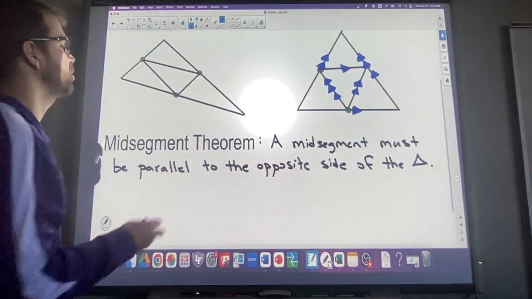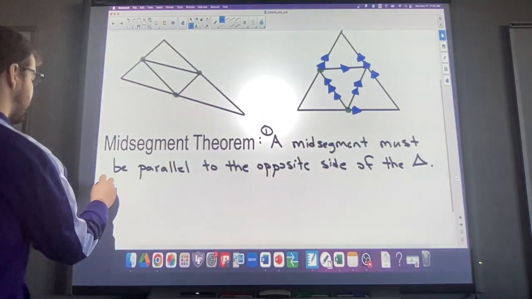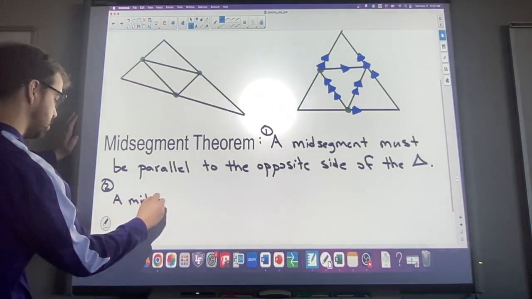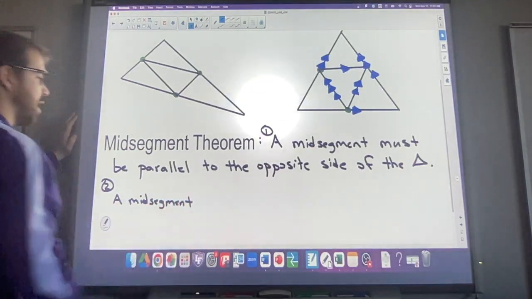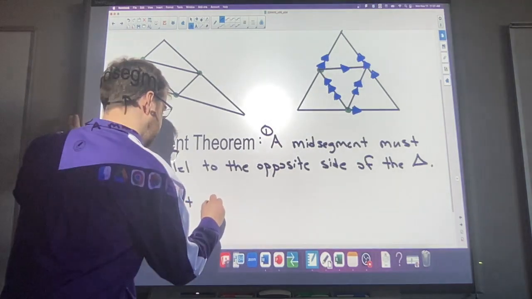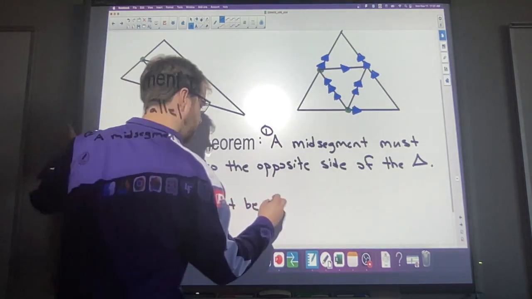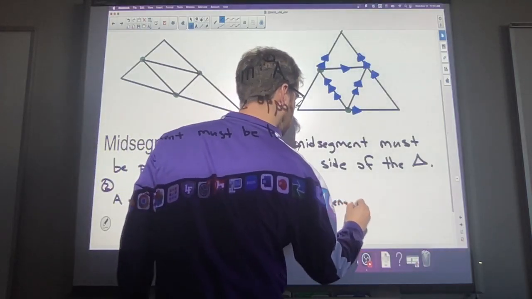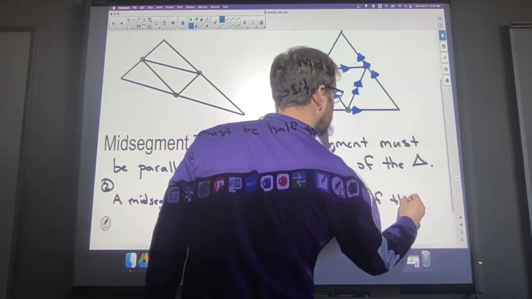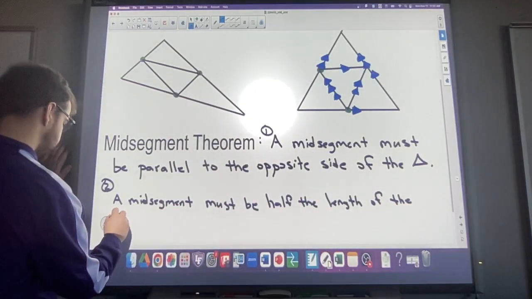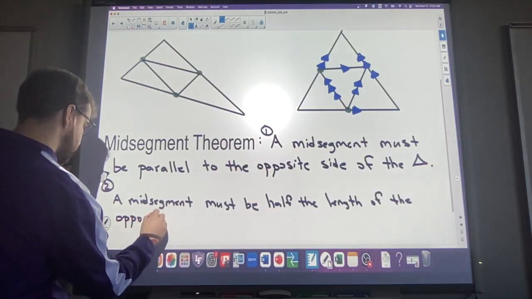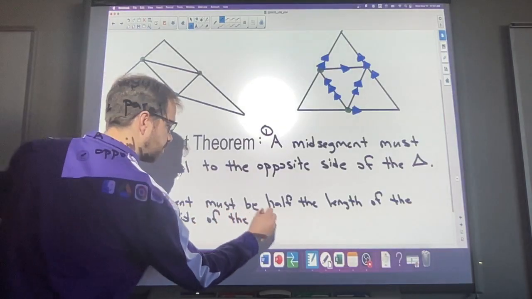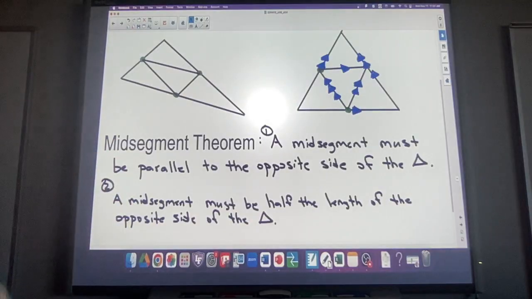We'll call this property number 1. Second property: a midsegment must be half the length of the opposite side of the triangle.